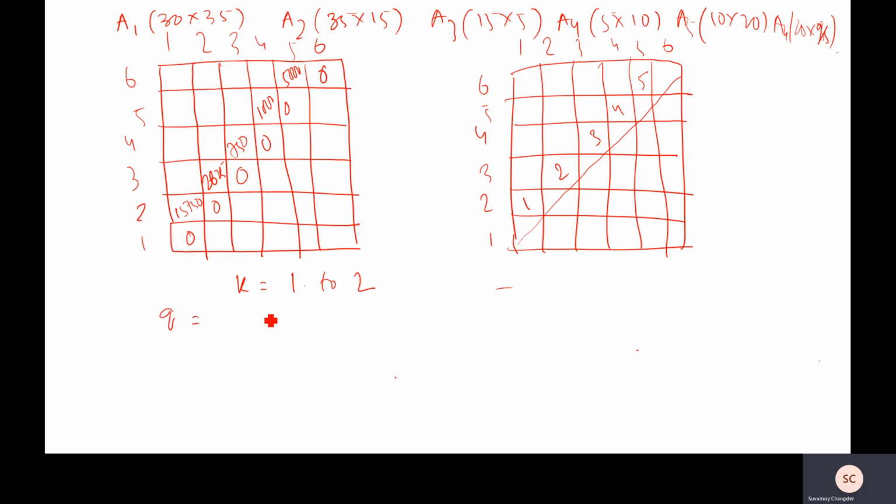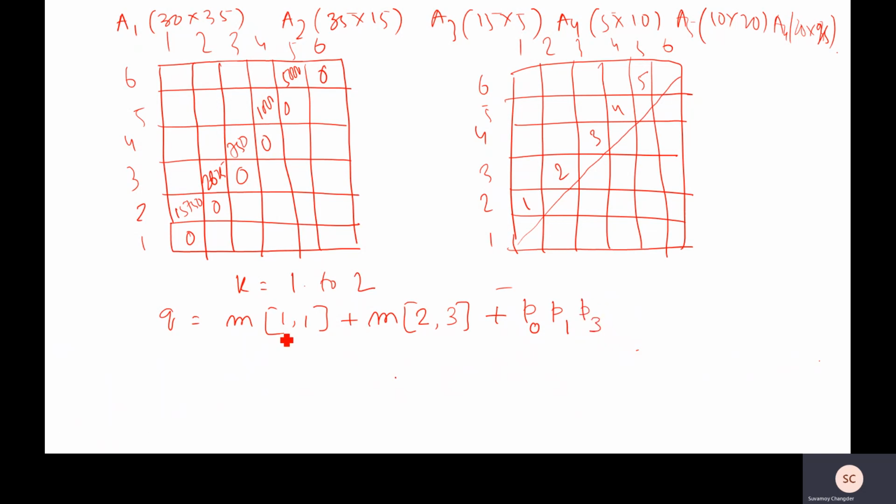First we get q equals to M[1][1], that is M[i][k], plus M[k+1][j], that is M[2][3], plus p[i-1]. What is the value of i? 1. So p0 into p[k], k is 1, so p1, and p[j], that is p3.